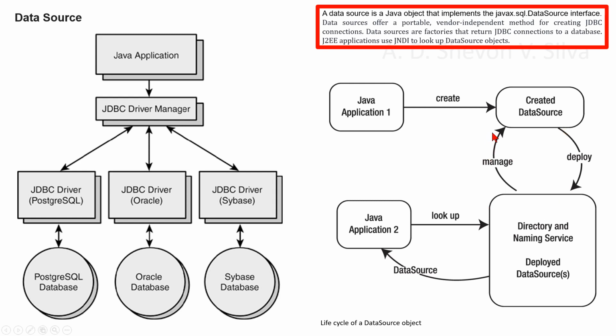In registering a data source, you have to associate the data source with a unique key. Once the data source is registered, it is accessible to other applications such as application 2. Application 2 can get the registered data source using the lookup method by providing the unique key.